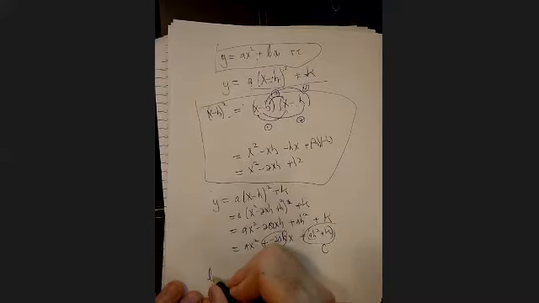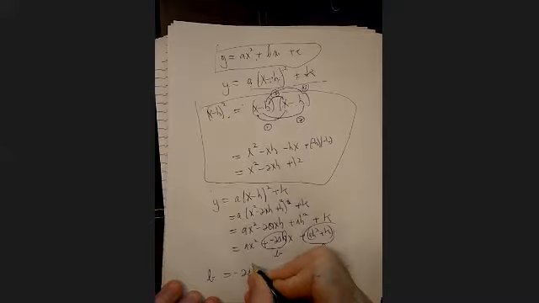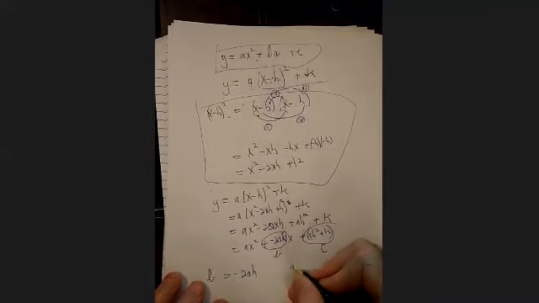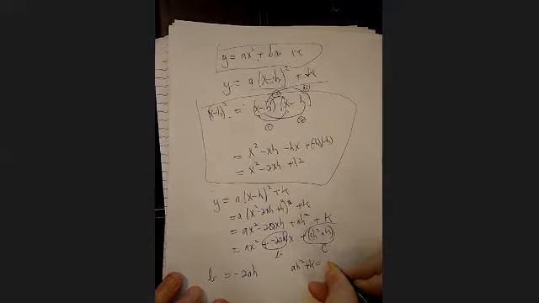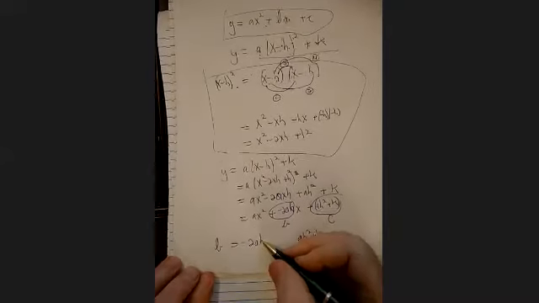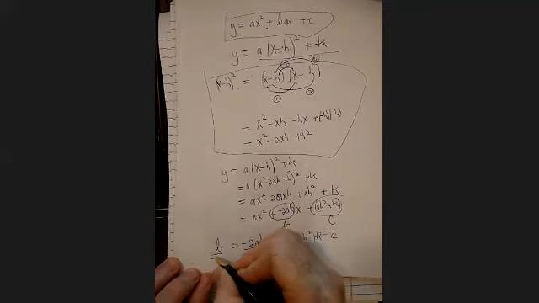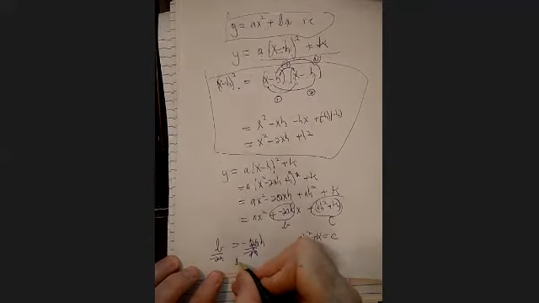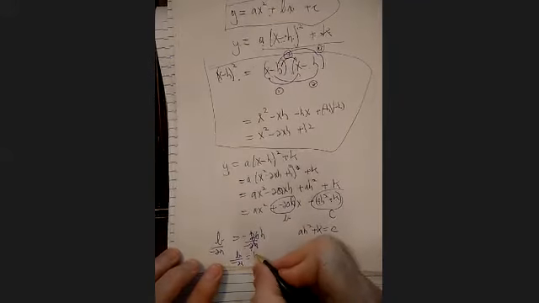So we say b is equal to minus 2ah, and then we have ah squared plus k is equal to c. Now we need to figure out what h is. Well, I can solve. That cancels, so I get b over minus 2a is equal to h.